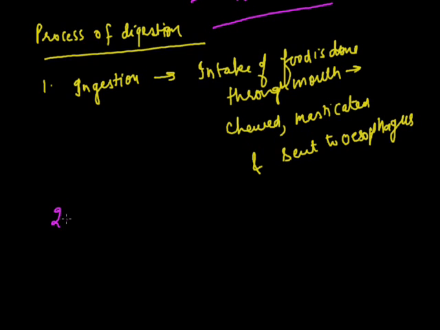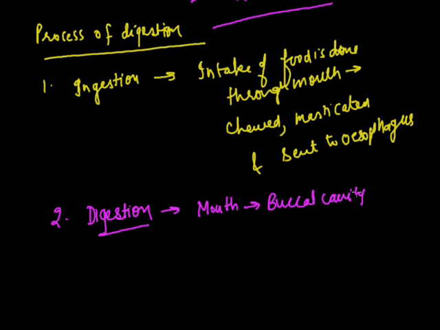Now after ingestion, the main process, the second step of nutrition, is called digestion. In digestion, the digestion of the food starts from the mouth. After the mouth, the buccal cavity is there. In the buccal cavity, as you know, there are salivary glands. So the digestion starts here only. Salivary glands will do the digestion of starch, and that starch will get converted into maltose.